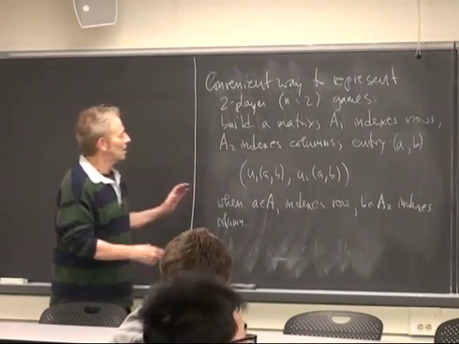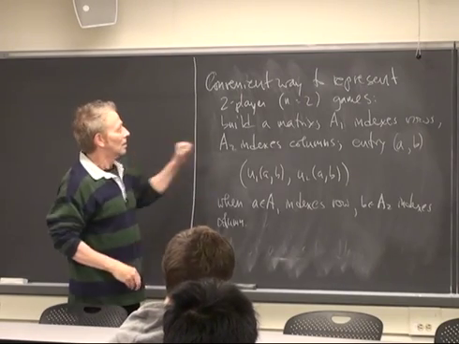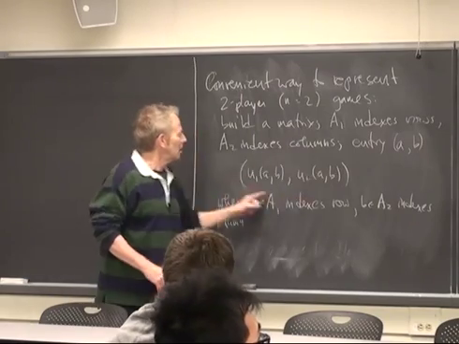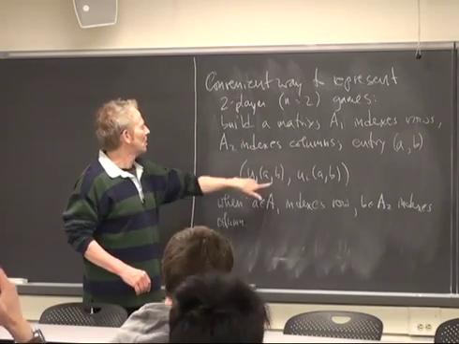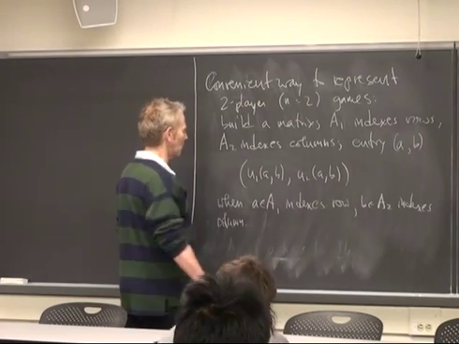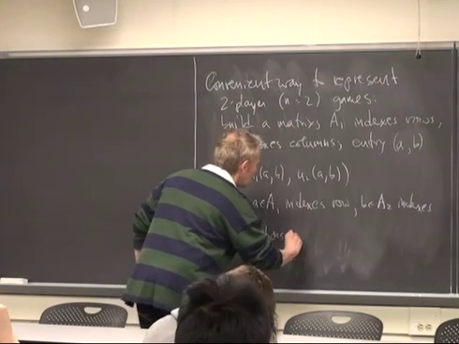So the point is, the locations in the matrix are in one-to-one correspondence with outcomes, and in that position in the matrix there appear the payoffs to the individual players according to that outcome.